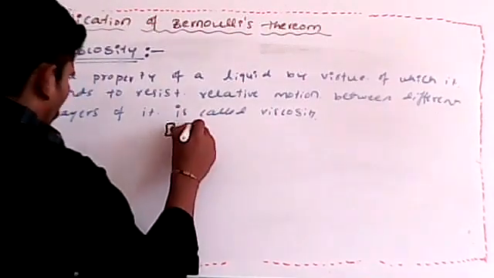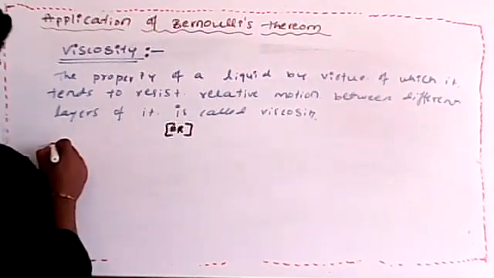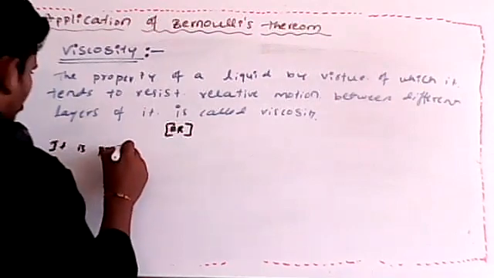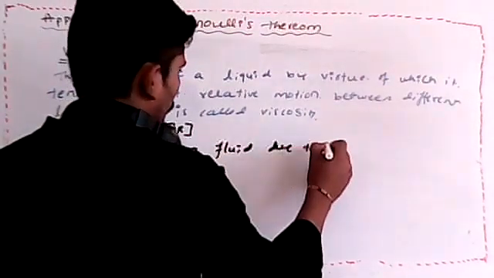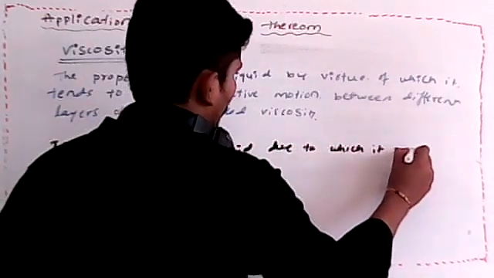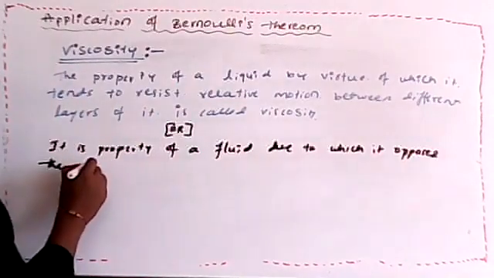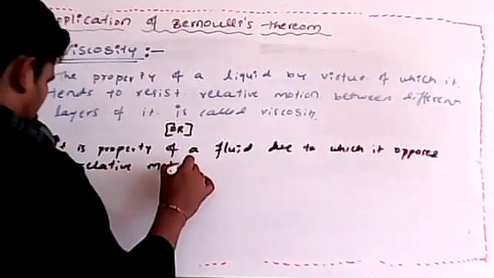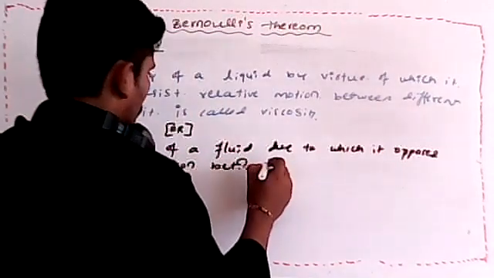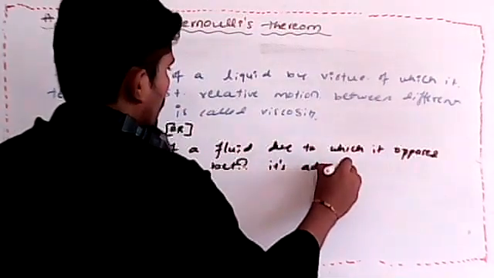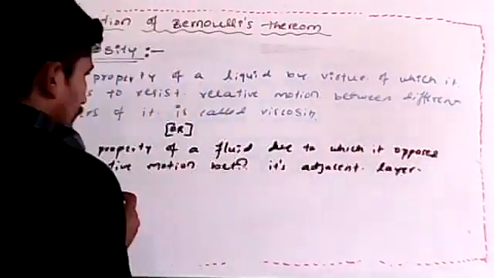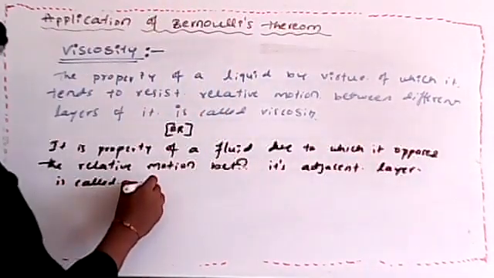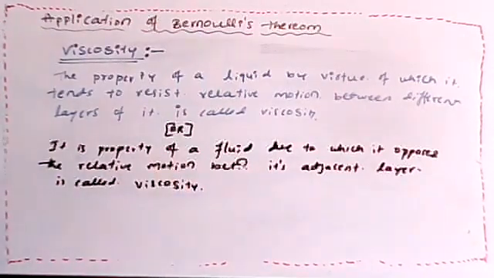Let me write here, or you can write: it is a property of a fluid or liquid due to which it opposes or resists the relative motion between its adjacent layers, meaning similar layers, of the fluid. This is called viscosity.